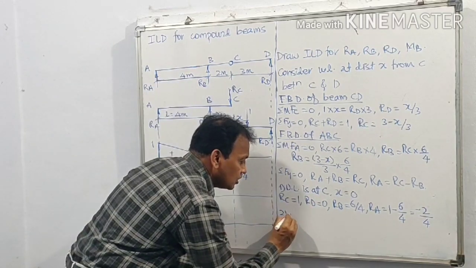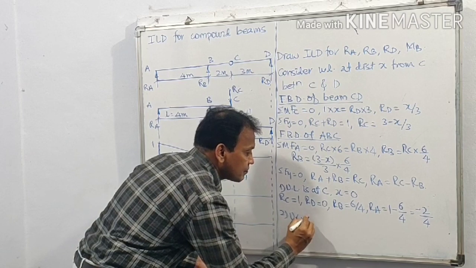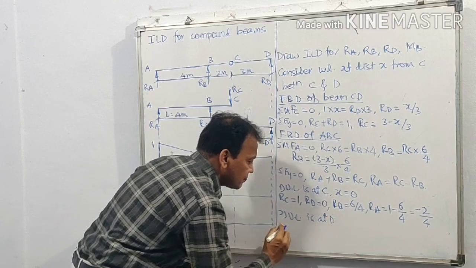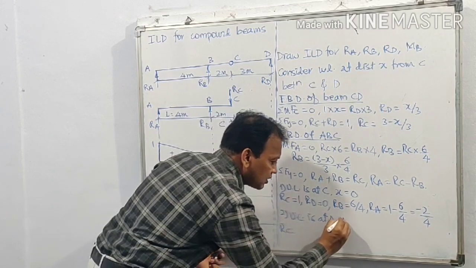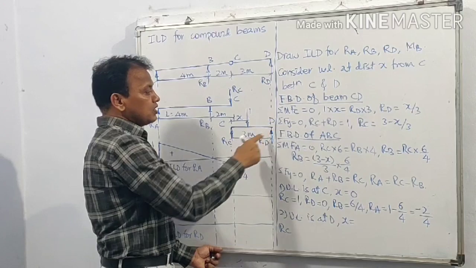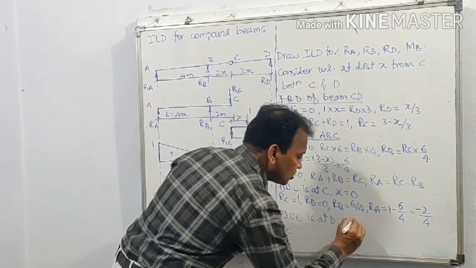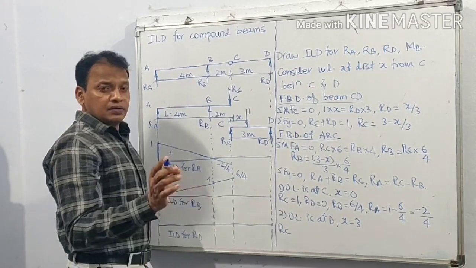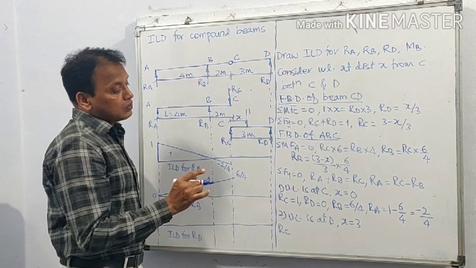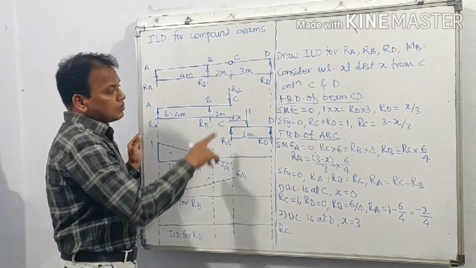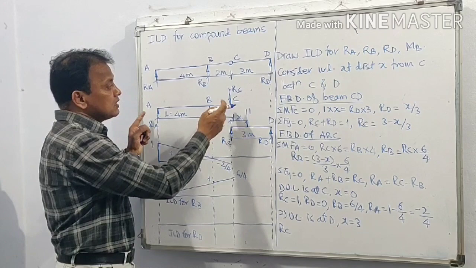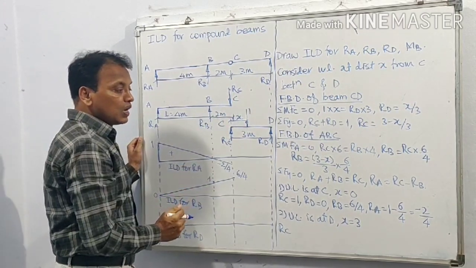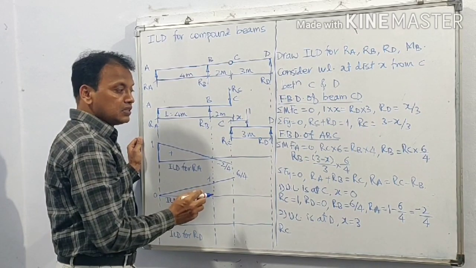Now when the unit load is at D, x is equal to 3. I want to bring to your notice that for the position of unit load at C, considering the unit load over the beam ABC, we have already calculated RA, RB, RC and RD.